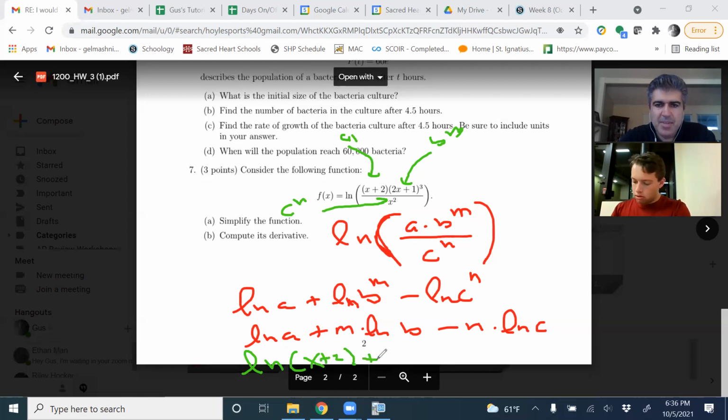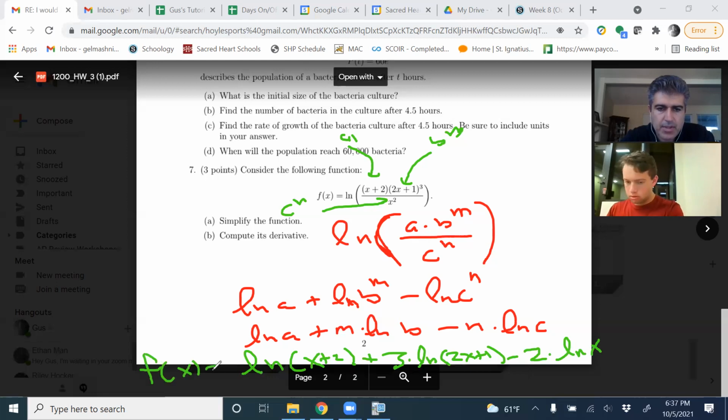You're not really simplifying, you're actually expanding it, so it's kind of misleading, but 3 times natural log of 2x plus 1 minus 2 times natural log of x. So that's what f of x equals. I'm breaking it down.